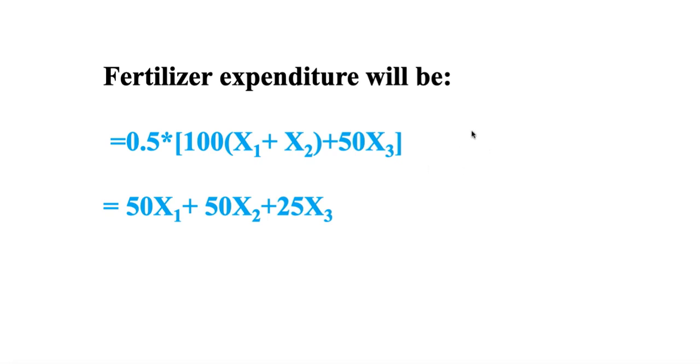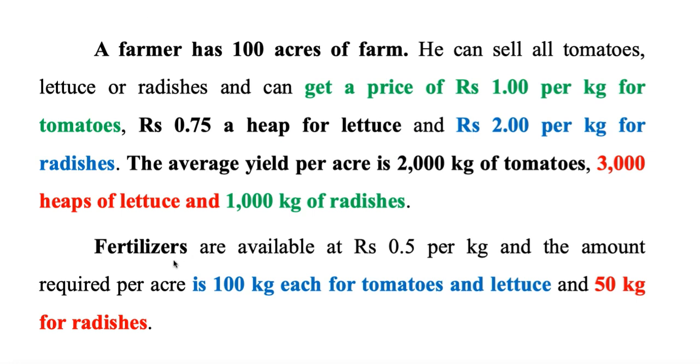Now this farmer is spending on fertilizer, so there is fertilizer expenditure, and in the problem it is given, I will show you. Here fertilizers are available at rupees 0.5 per kg, and the amount required per acre is 100 kg for tomatoes and lettuce.